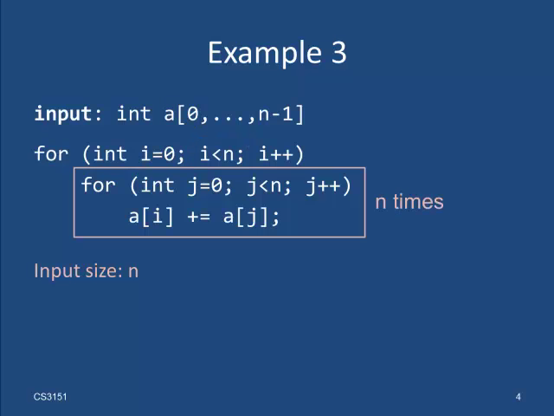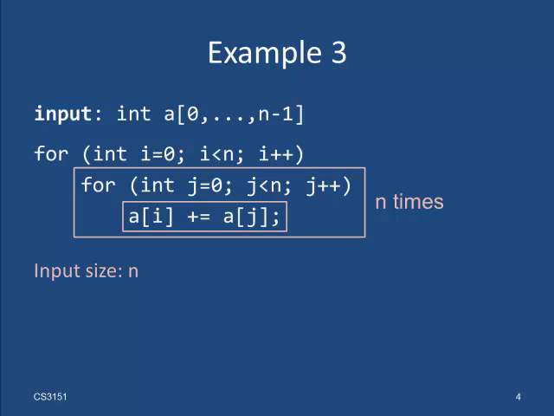The body of the outer for loop is executed n times. Each time we have the same number of steps that are executed. This number of steps for a single iteration is as follows: 1 step for initializing j, n steps for incrementing j, n plus 1 steps for the loop condition. And then the array element at index i is updated n times.